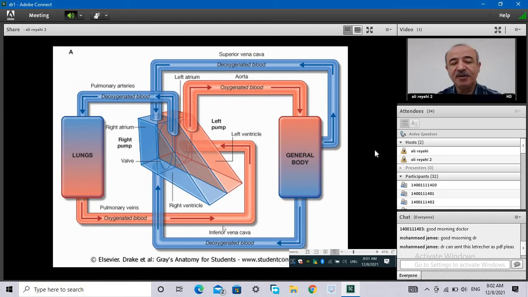Finally, oxygenated blood reaches the left atrium, drains to the left ventricle, and by the artery it circulates to the other parts of the body. You can see here the circulation of the blood in two different systems.